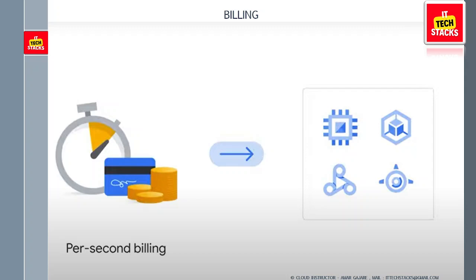I will explain these products in the course. Compute Engine offers automatically applied sustained use discounts for running virtual machines for a significant portion of the billing month. You get a huge discount on Google Compute Engine.